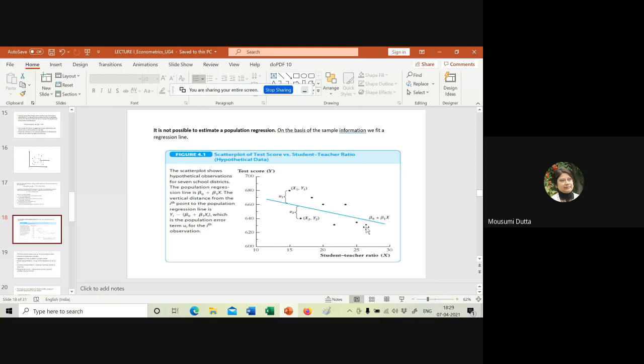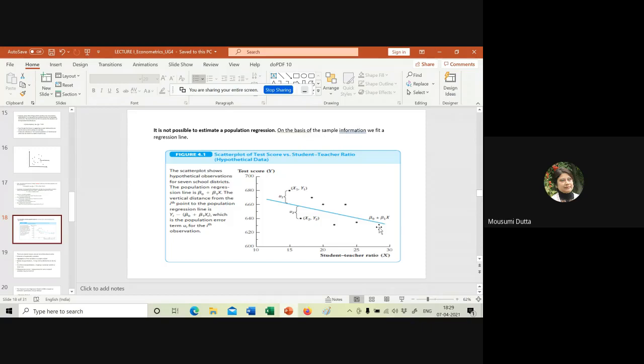So actually, in regression analysis, when we are trying to find out the unknown parameters, basically we would like to reduce these gaps. We would like to minimize these distances. If we can minimize these error probabilities, then this line will appear as the real relation for the population too.